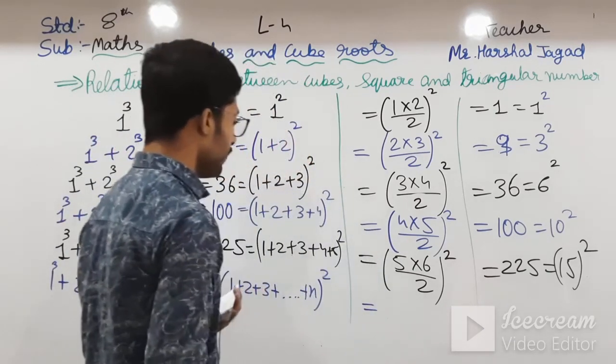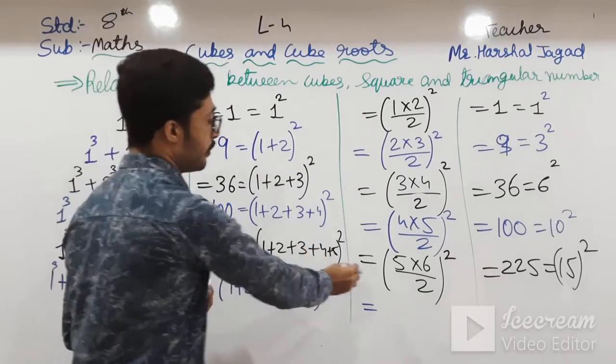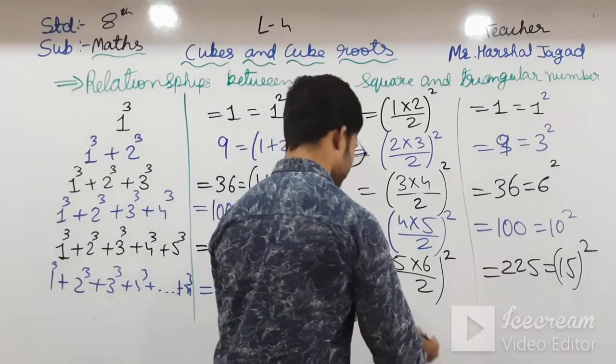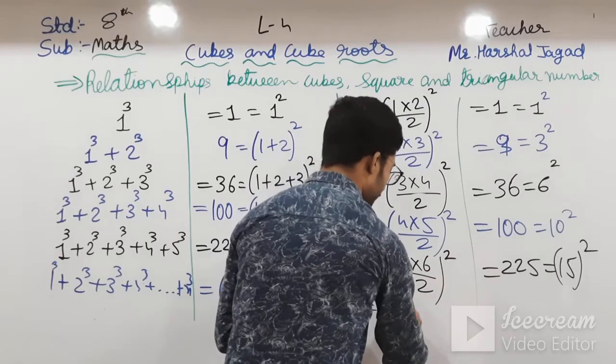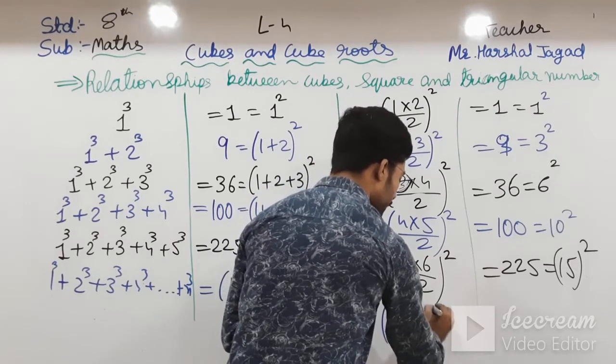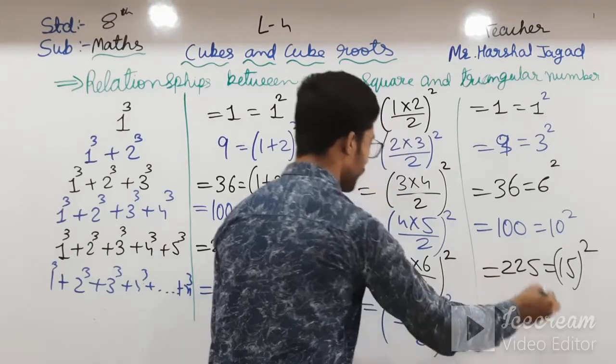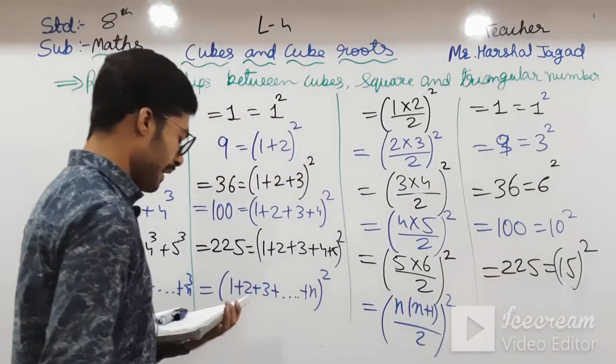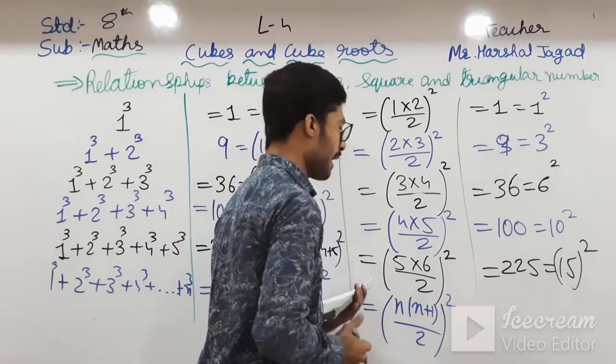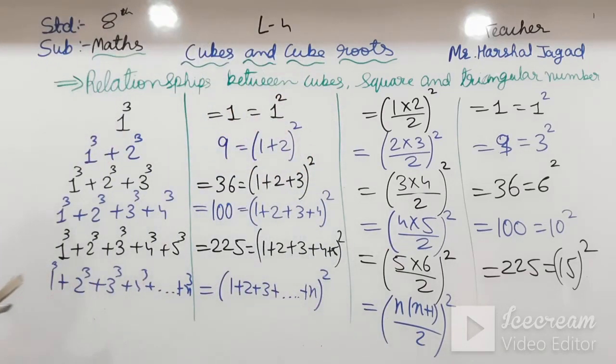Here the last number was 5, so we took 5 into 6; so n into n plus 1 divided by 2, the whole square. This is the formula. From this we can conclude that there is a relationship between cubes, squares and triangular numbers.